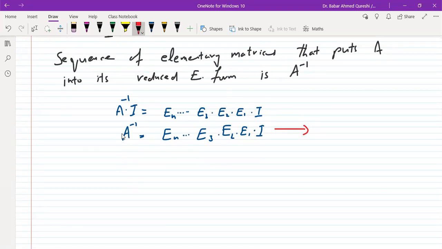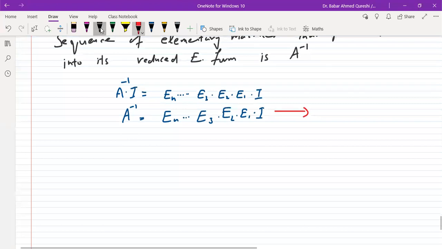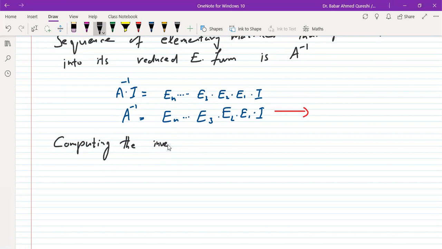So this gives you a method of computing the inverse of a matrix using the Gauss-Jordan method.